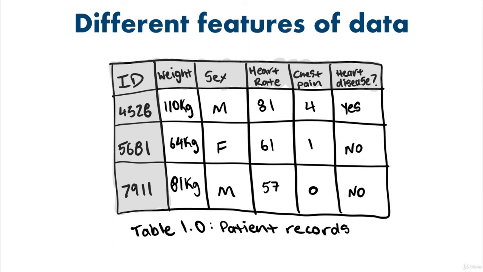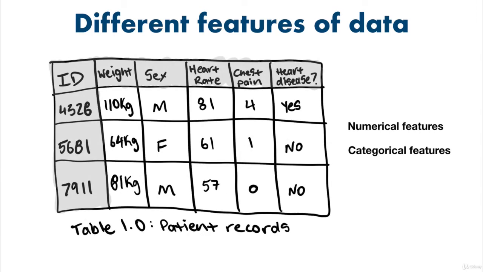These things, patient's body weight, sex, average resting heart rate, and chest pain, are features of the data. They could also be referred to as feature variables. In other words, we want to use the feature variables to predict the target variable, which is whether or not a person has heart disease or not.